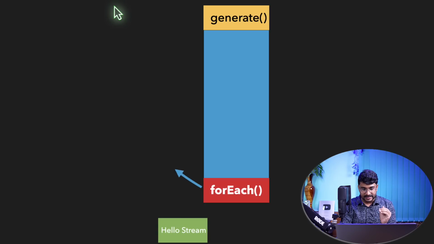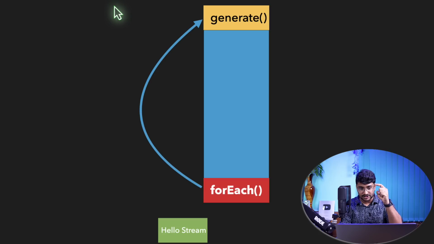The foreach method is going to ask the generate method, do you have any other object? The generate method says, okay, I'm an infinite stream. The data will keep on flowing like this. So the foreach method says, okay, I'm going to print it out.